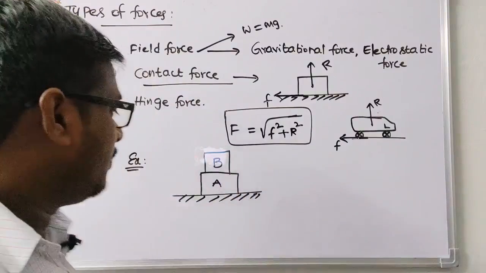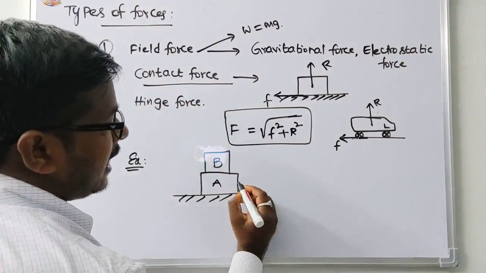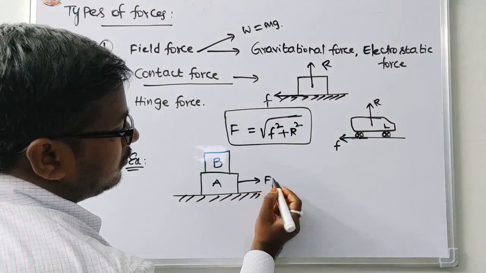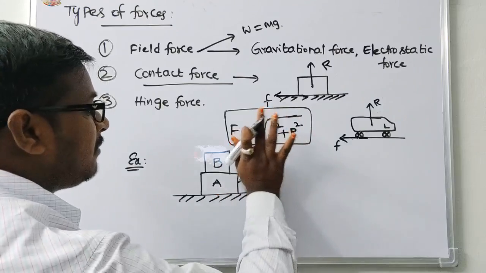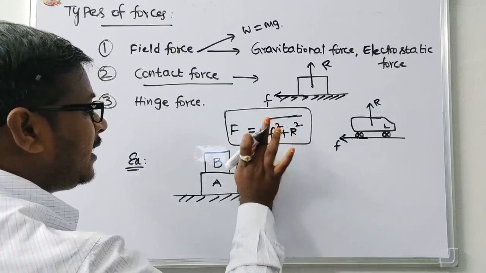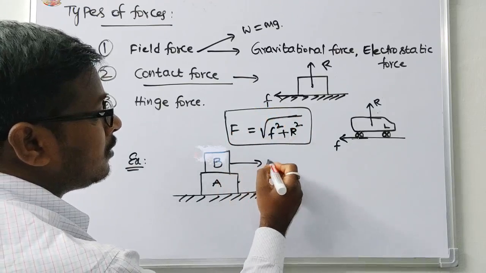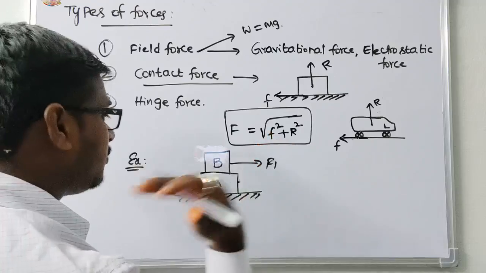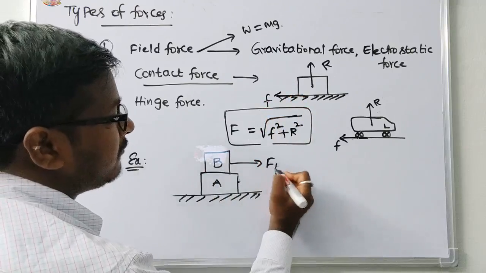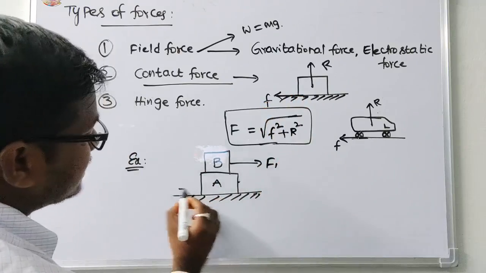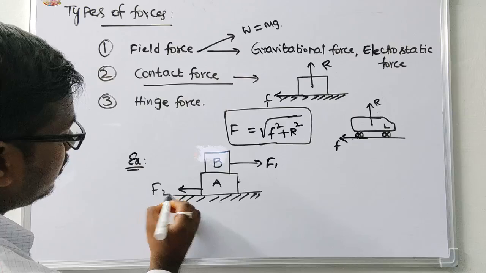First, force F1 acts on block B in the forward direction, and F2 acts in the reverse direction.